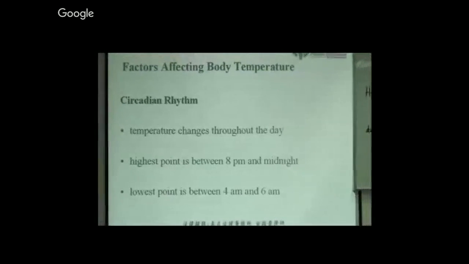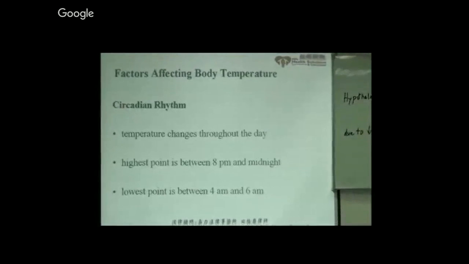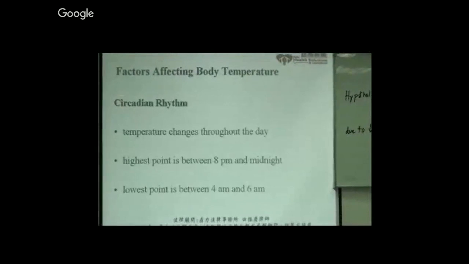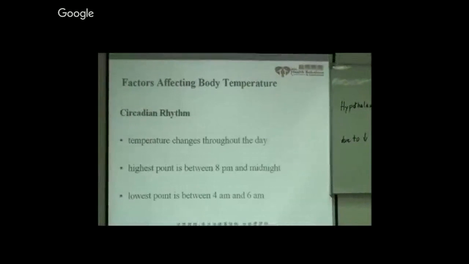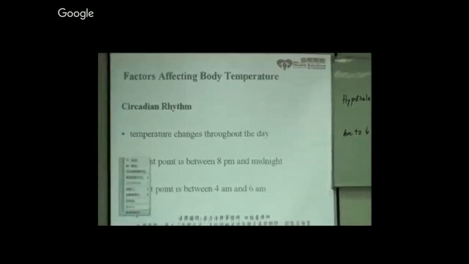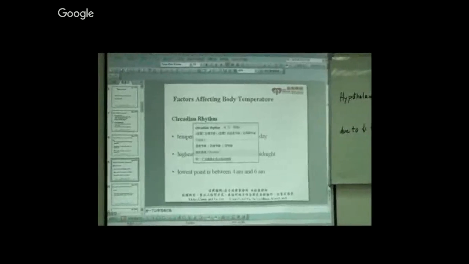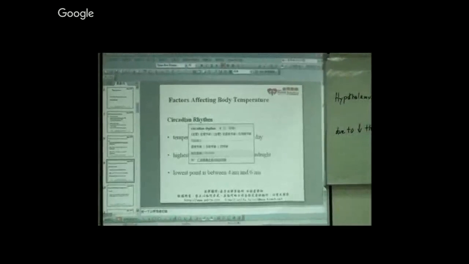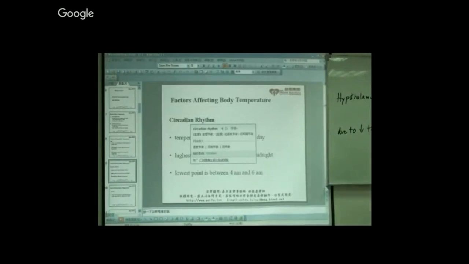Next will be circadian rhythm. You know circadian rhythm? When you say circadian rhythm, these are the changes that happen in your body during the day, one day.